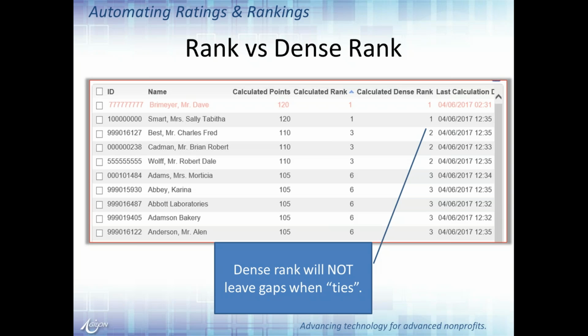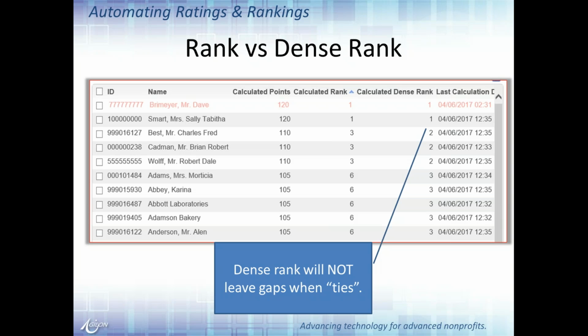It really starts to affect your querying of this data. If you were to say, give me everyone who's at least a position 2 or above, if you're looking at rank, you would only get Dave and Tabitha, because there is no position 2.